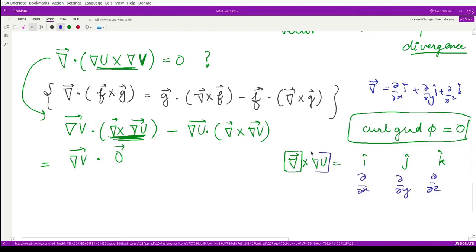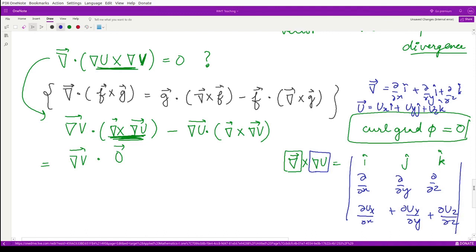And what are the components of u? If the vector u is defined as ux i cap plus uy j cap plus uz k cap, then accordingly the components are ux, uy and uz.